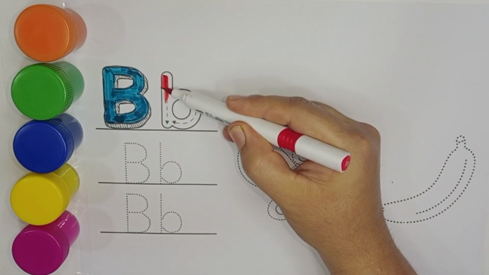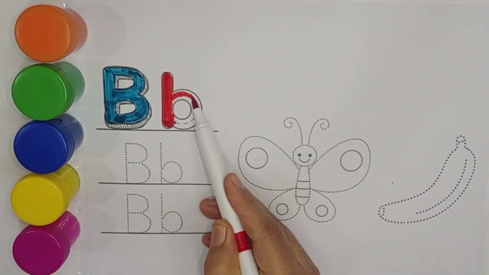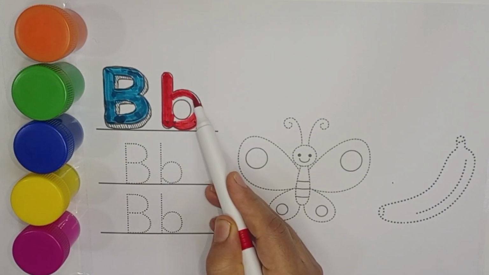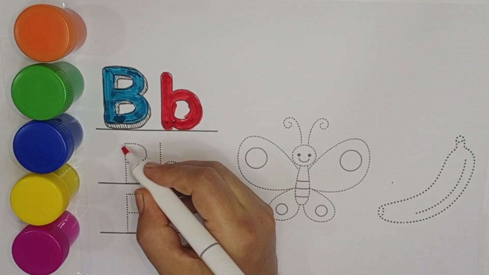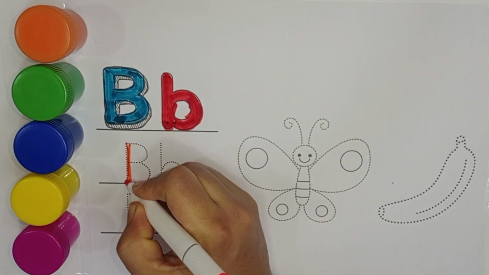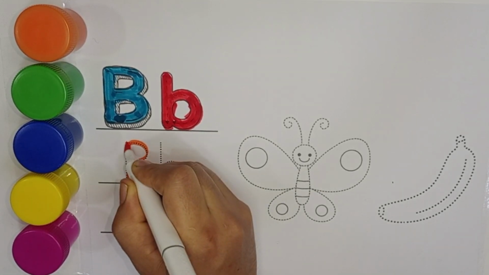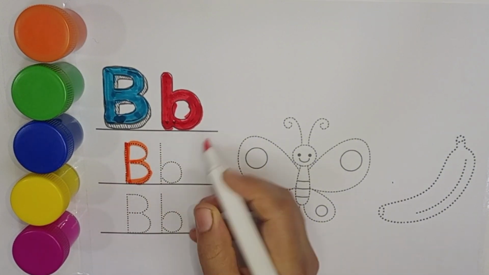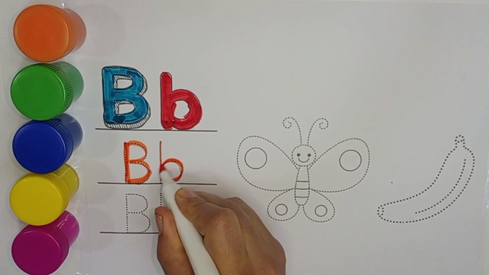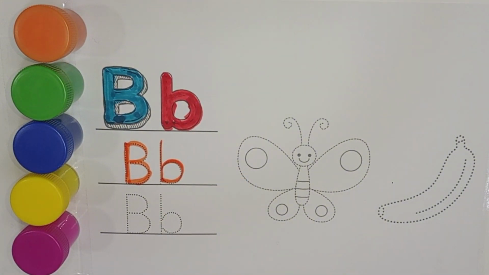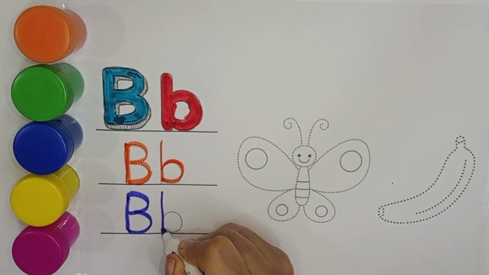B. B is for butterfly and B is for banana. B is for butterfly. B is for banana.